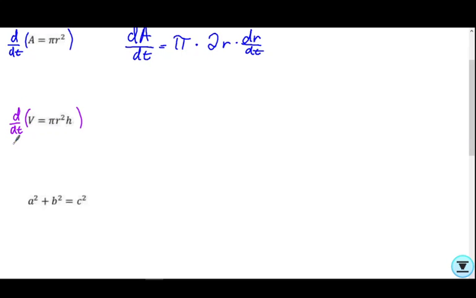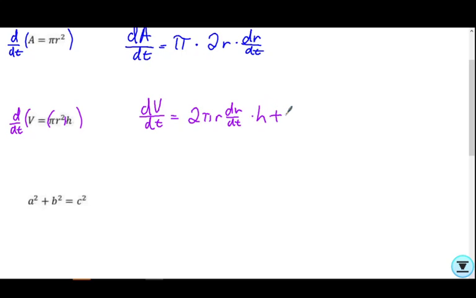So this is the volume of a cylinder. When we take the derivative of the volume of a cylinder, we get dV over dt equals, since we're doing product rule here, we have the height times the radius. Pi is just a constant. I'm going to group my pi r squared together. So I'm going to get 2 pi r dr over dt times h.